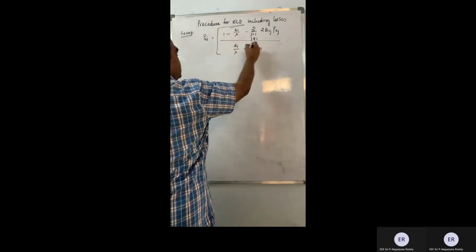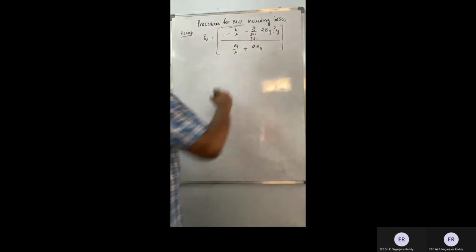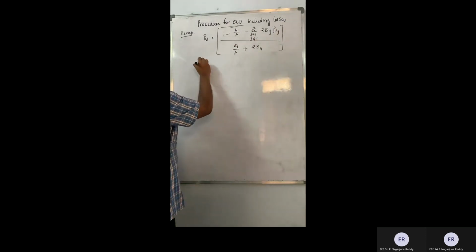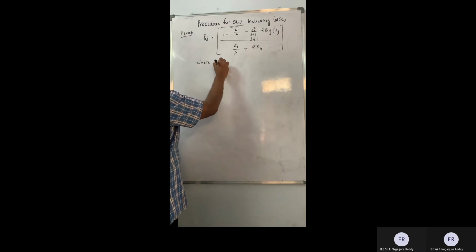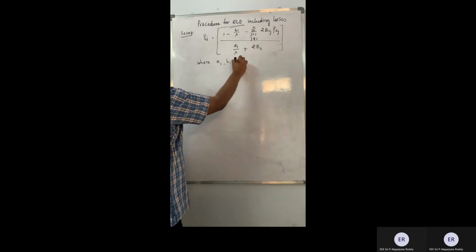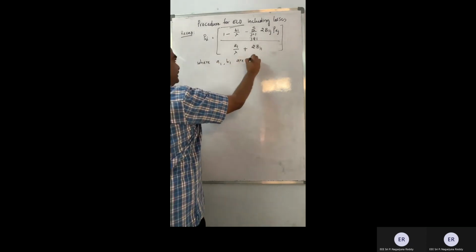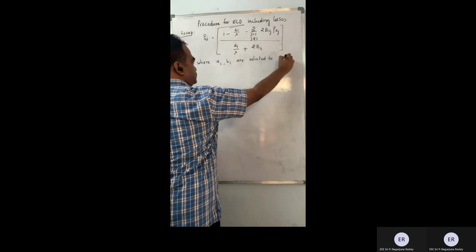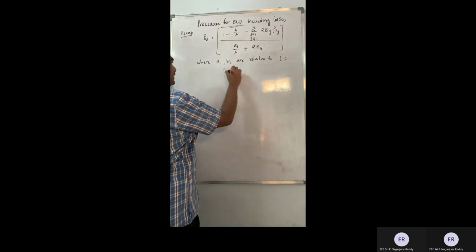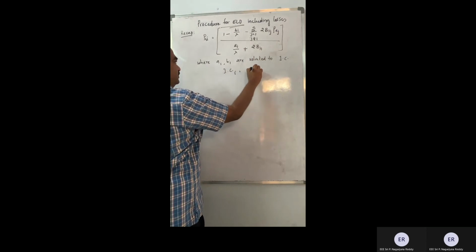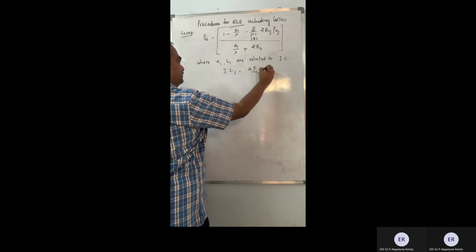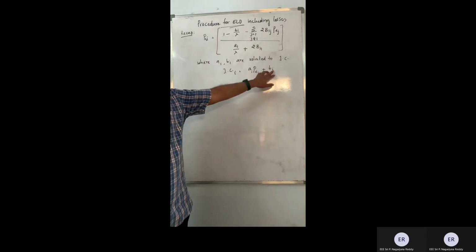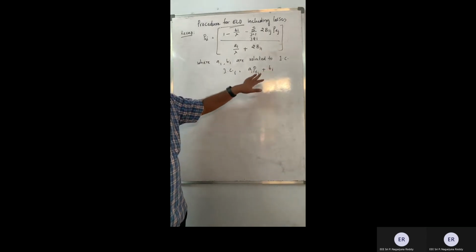This was the expression which we have derived yesterday, where Ji and Bi are related to incremental cost, where IC at ith plant is equal to Ai into Pgi plus Bi. So Ai and Bi are the constants in incremental cost equation.